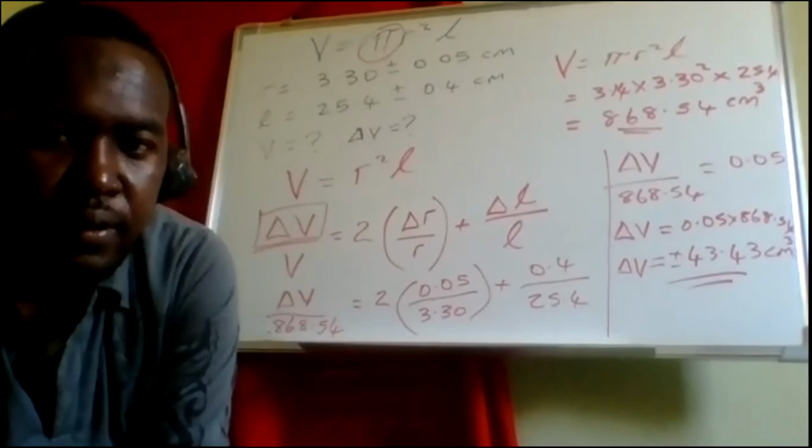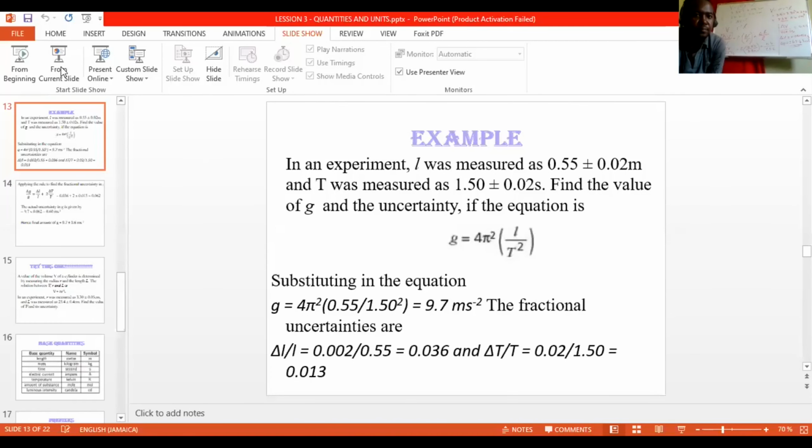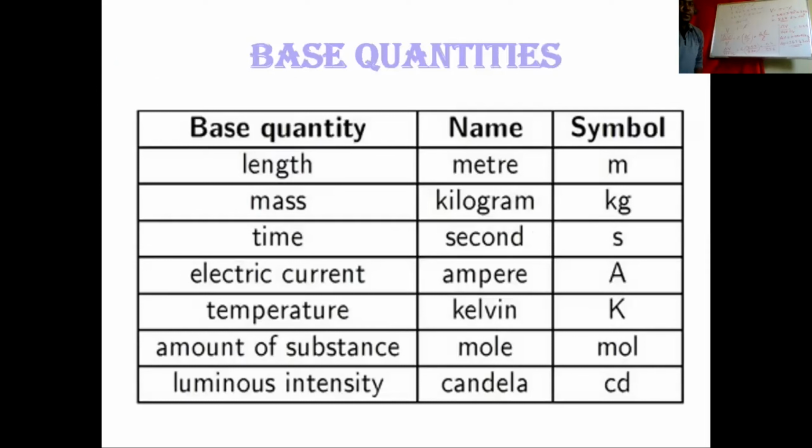All right, so that's basically what you do for uncertainties. Now we're going to look at the units part of this. We're looking at our base units, which are those 7 units there.